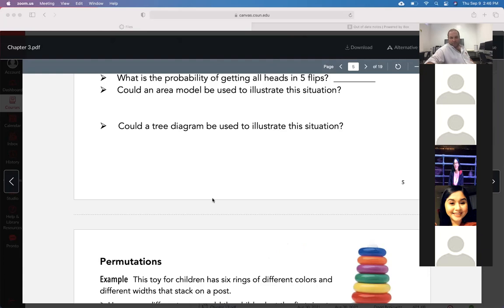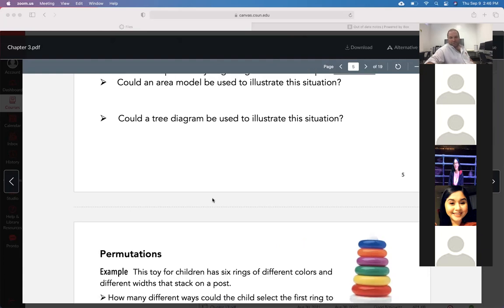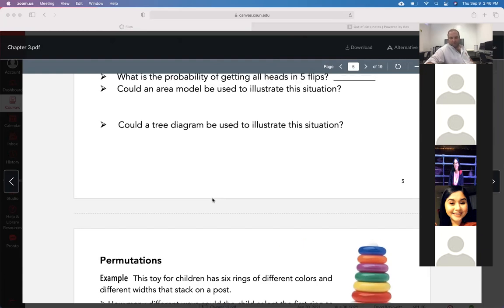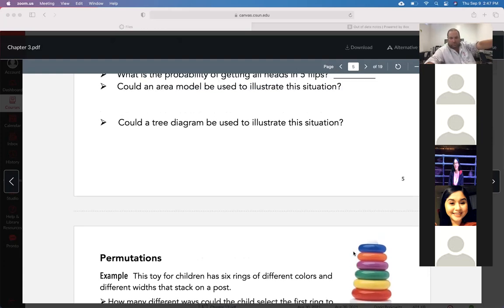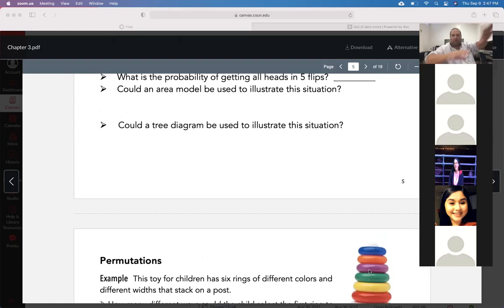Okay, anyways. So this toy for children has 6 rings of 6 different colors and different widths on a single post. So this is not the Towers of Hanoi. This is just one post with 6 rings. Now, imagine all 6 rings are off and are sitting in front of you.